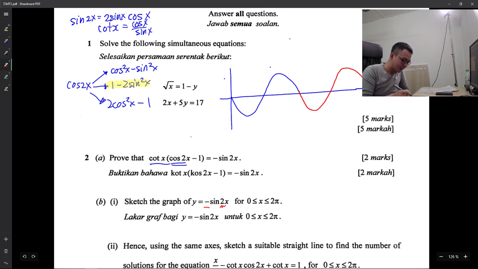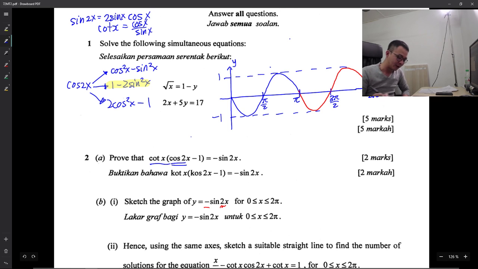So therefore, you will realize my sine graph is actually the opposite because of the negative. My maximum value here should be 1. My minimum value here should be -1. Alright, and each cycle is pi. This one will give me 2 pi. And if you want to make it even smaller, this one will be pi over 2. This one will be 3 pi over 2. Alright, basically this is your whole graph for y equals to negative sine 2x.